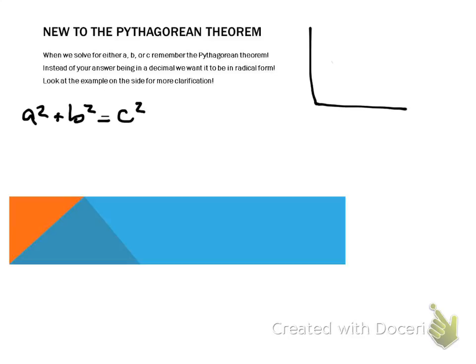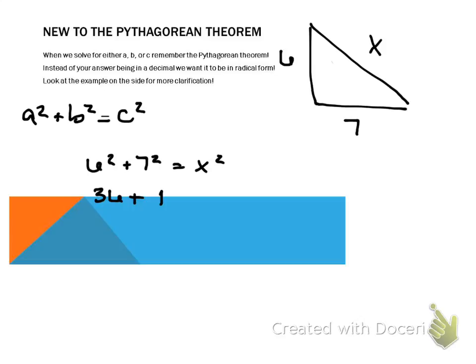So if we have the triangle where one side is 7, another side is 6, and our hypotenuse is x, whenever we solve for x, we're going to leave it in simplest radical form. So we have 6 squared plus 7 squared equals x squared. 6 squared is 36. 36 plus 49 equals x squared. So we have 85 equals x squared.